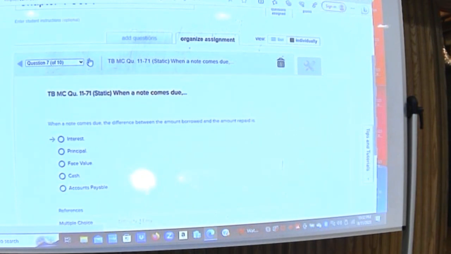Number 7, when a note comes due, the difference between the amount borrowed and the amount repaid. So your note is due, you have to take care of the accrued interest at that point. So you don't only have to repay the amount that you originally borrowed, you're going to have to pay some interest here, and you're going to take care of that obligation when your note comes due.